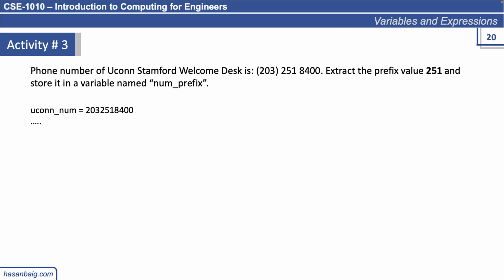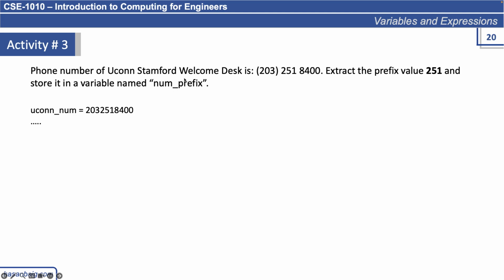Extract the prefix value 251 and store it in a variable named number_prefix. The phone number is stored in a variable, and we just have to extract this 251 and store it in another variable named number_prefix.